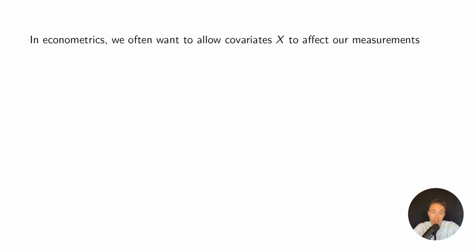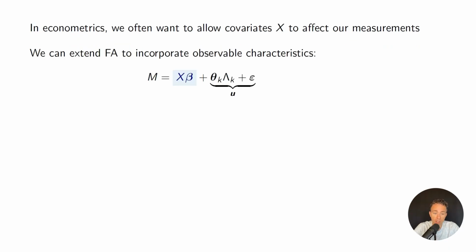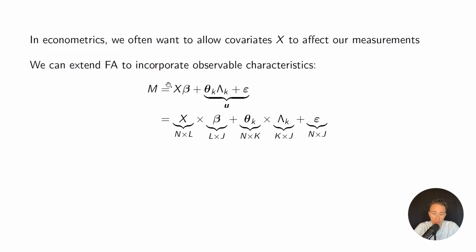And then that composite error term looks a lot like the composite error term in a regression model. So how would this work? Well, we just add X beta to our M, and then we still have this composite error term. And basically this X beta, we're going to have L columns in our X matrix. So then, for each of our measurements, we're going to have L coefficients for these betas, and then theta and lambda and epsilon are all going to be the same.